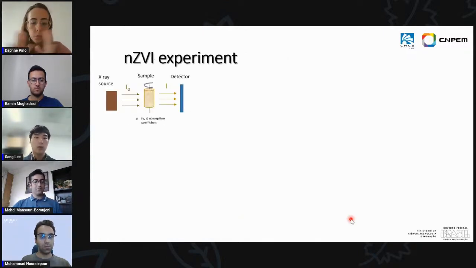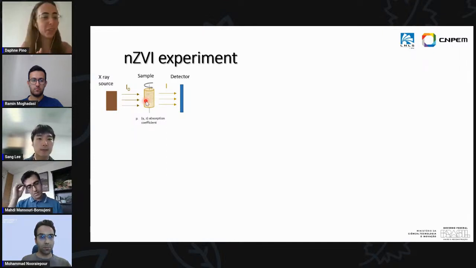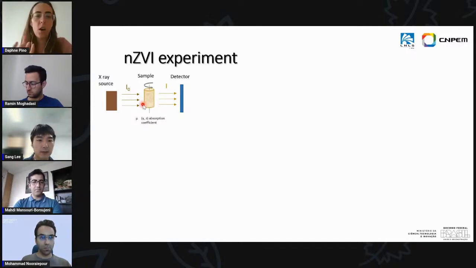So what basically happens in the beamline, we have the X-ray source. Sorry, I forgot the word in English. This radiation will go through our sample here. Our sample will have to rotate so we can get different views of our sample, so later we can reconstruct a 3D image.